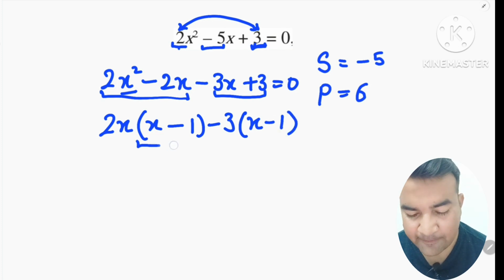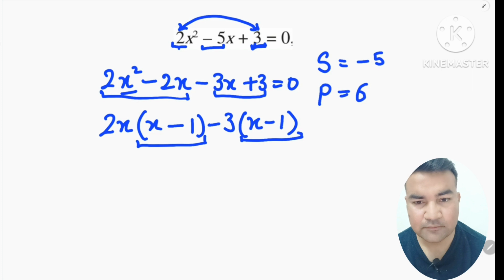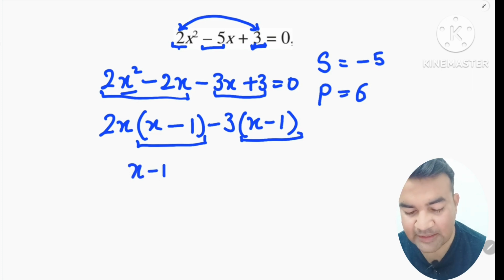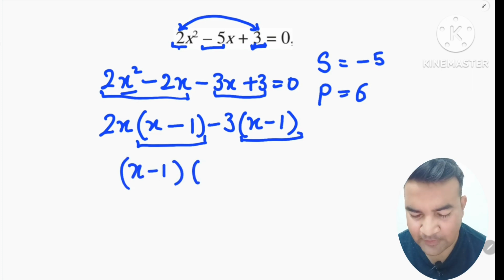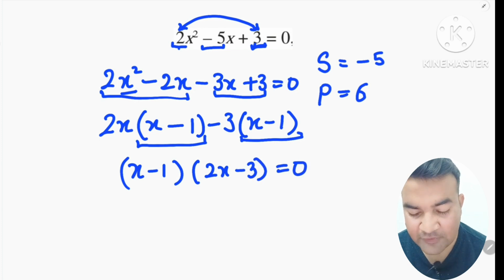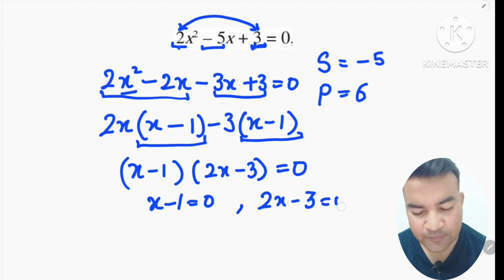Okay, now as you see, x minus 1 is the same. I can take this common. Then what we have left is 2x minus 3. The whole quantity is equal to 0. So that means either x minus 1 is equal to 0 or 2x minus 3 is equal to 0.